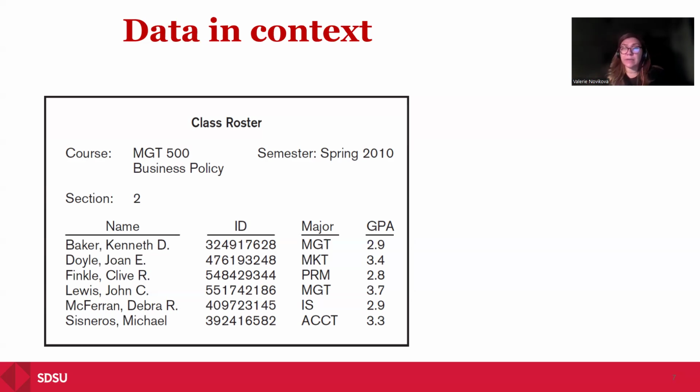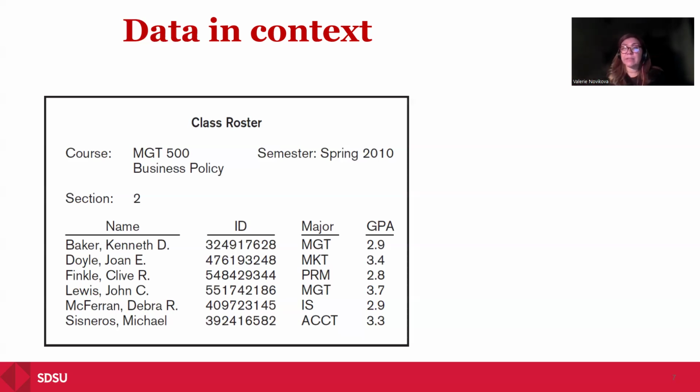And this data is nothing else than the ID for the 6 students listed in the column called name. Each of those IDs belongs to one student, and each student has a major and an associated GPA. So this is data in context.